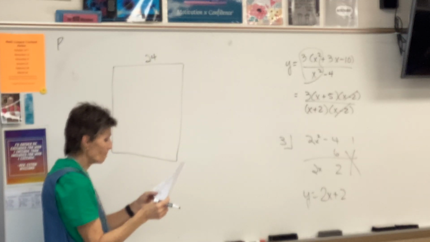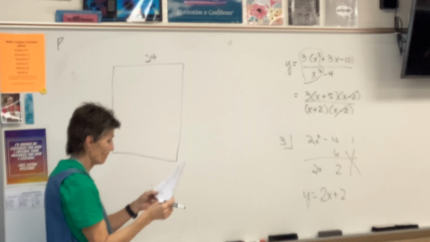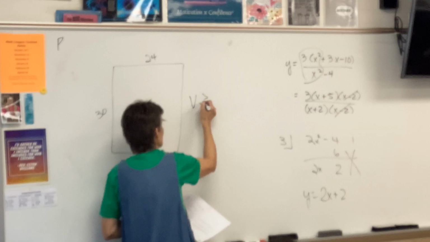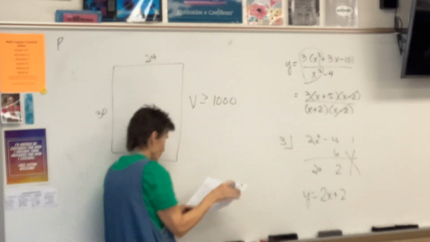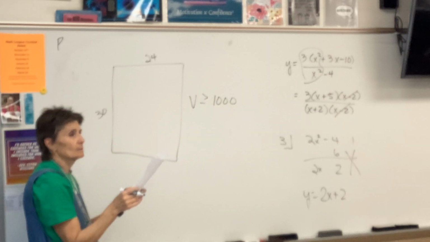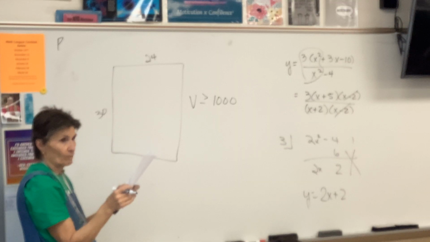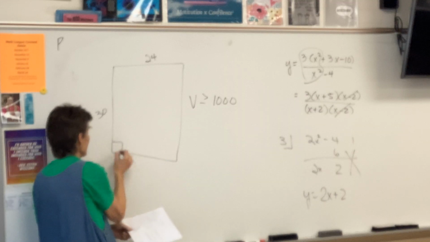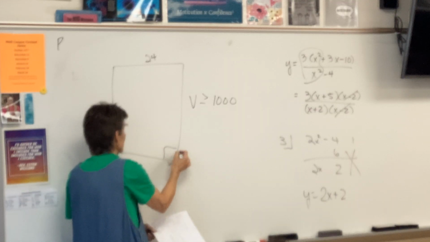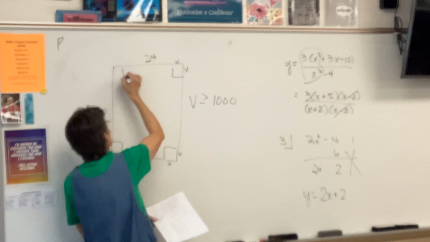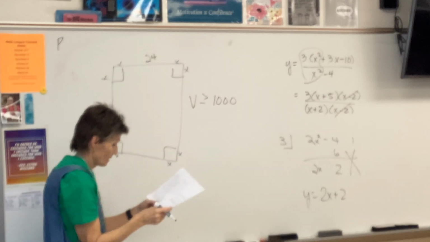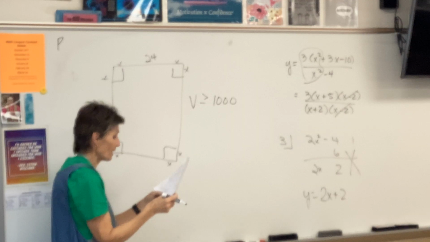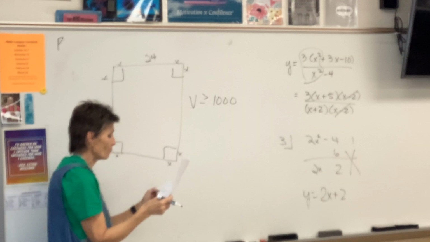The box must have a volume of at least 1,000, so the volume has to be greater than or equal to 1,000. Does that work for you? She's going to cut congruent squares out of each corner, folding up the flaps to make a box. How big must the cutouts be, and what is the domain of the problem?